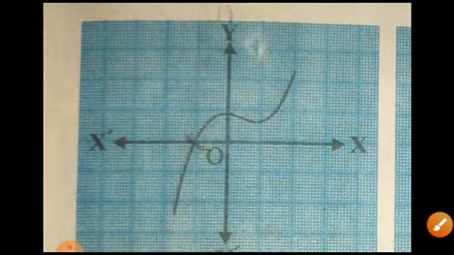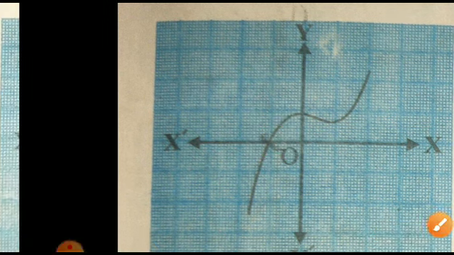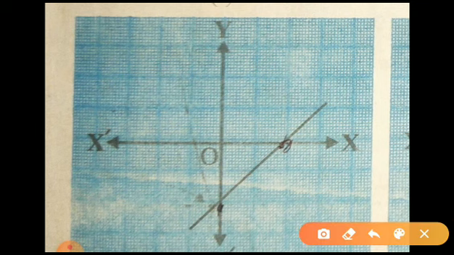Is that clear? Now you are going to tell how many zeros the given graph will have. It has just 1 point intersecting the x-axis, and hence it will have only 1 zero. Okay, next one. Can you guess which polynomial it will be?